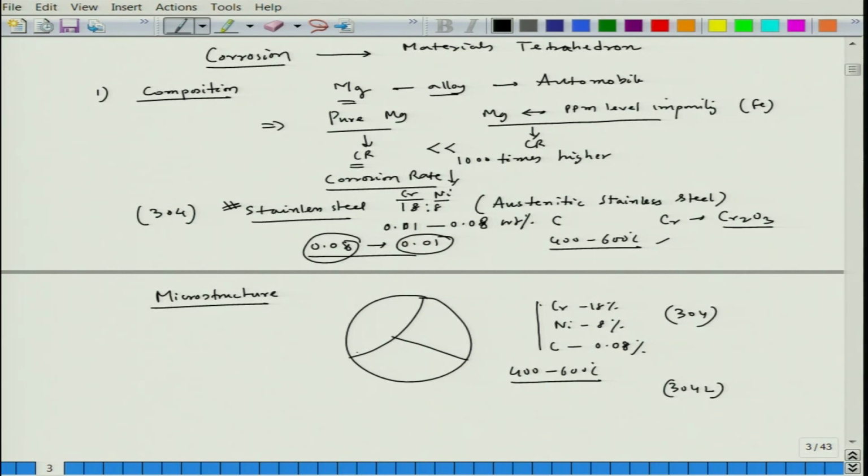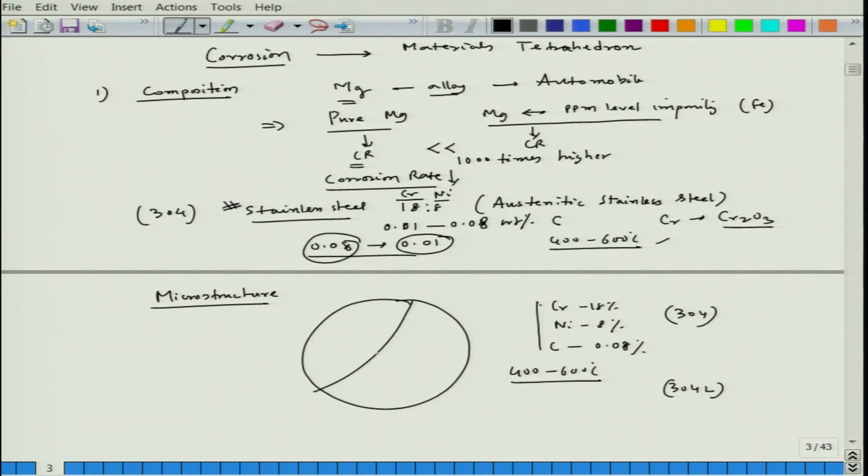So, that time the chromium carbide precipitates would form along the grain boundaries. Actually, it can form on the grain boundary itself.